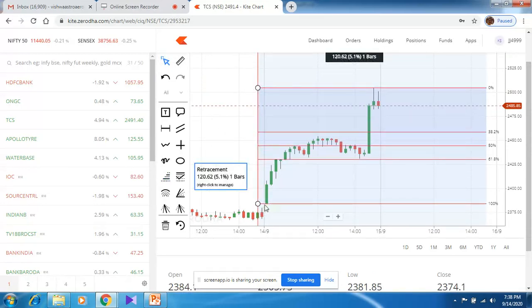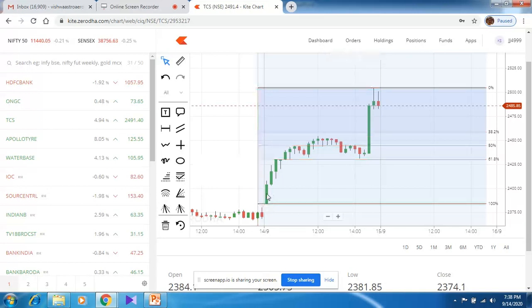As you can see, this is today's chart of TCS. In the morning, there was more volume from buyers, such that for the first 60 minutes, there was no stopping the buyers.